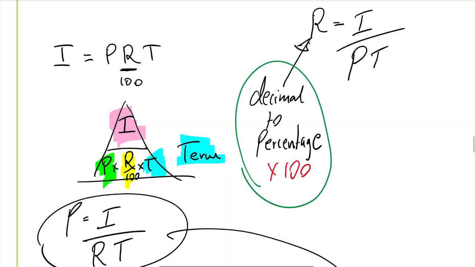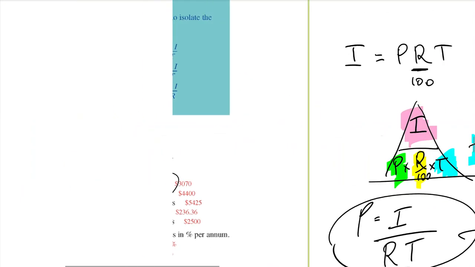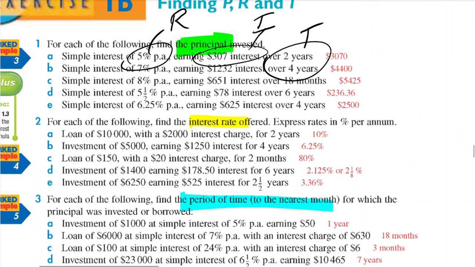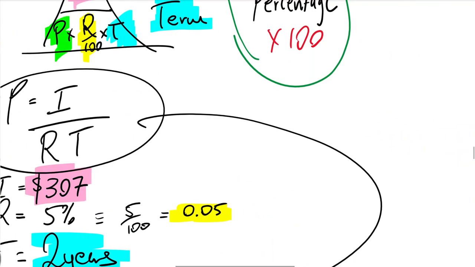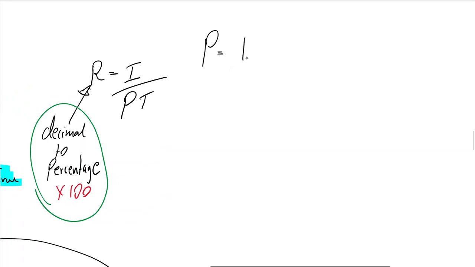All right, so let's figure out what we have. We need to know interest, principal, and the time period. So we're looking here at question 2. A loan of 10,000, what's a loan of 10,000? That is the principal. Good. So principal 10,000. What is my interest?